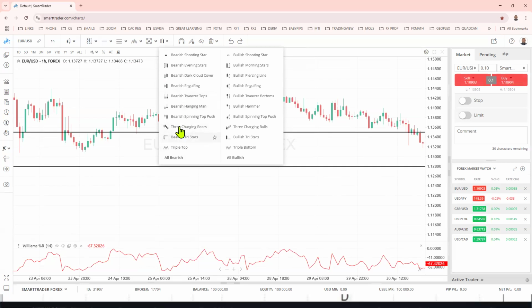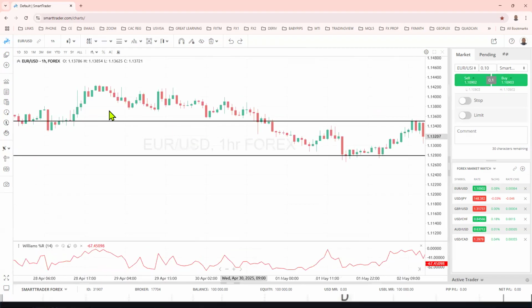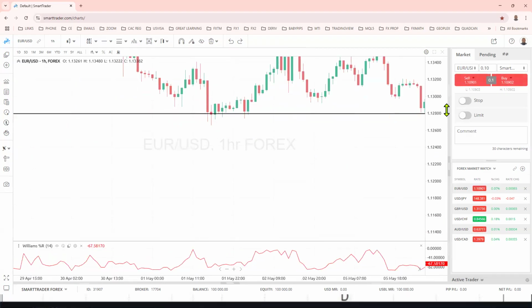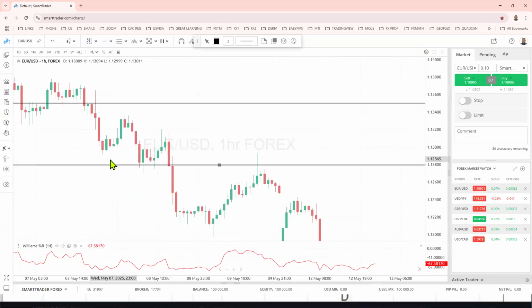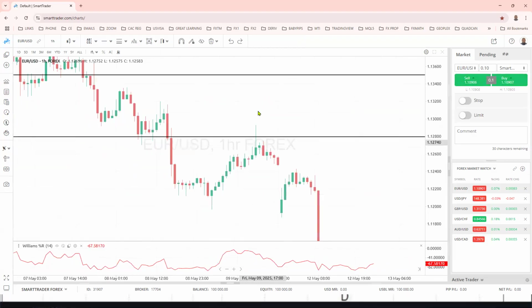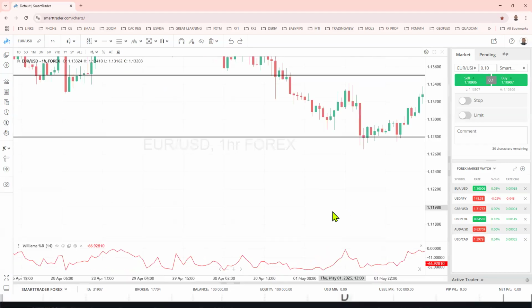If you say turn on evening star, now if this is on, any evening star that surfaces will now be highlighted. So this is one of the features of this trading platform.